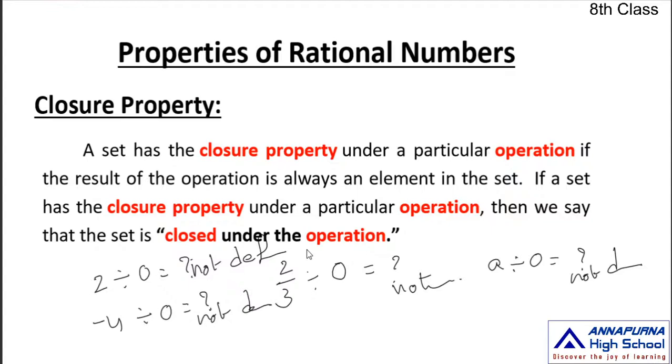So this is the closure property. Okay, I think everyone understood what is happening here. The collection of rational numbers satisfies the closure property with respect to which fundamental operations? It is satisfied with respect to addition, subtraction, and multiplication.